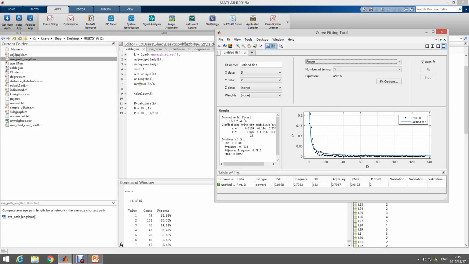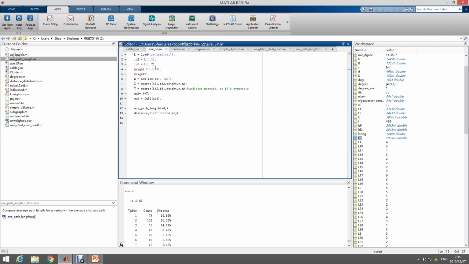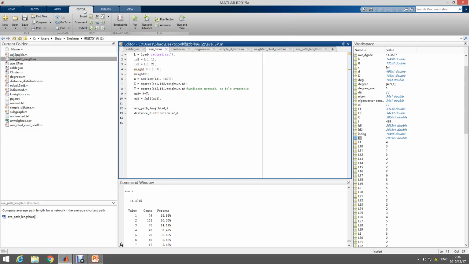The power law exponent is 0.926. Now let's run the program to calculate the shortest path. This process takes some time, like half a minute.